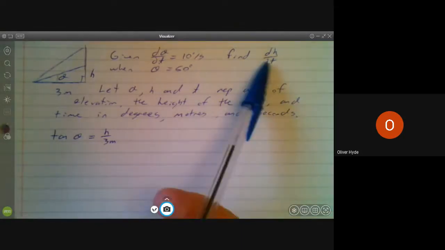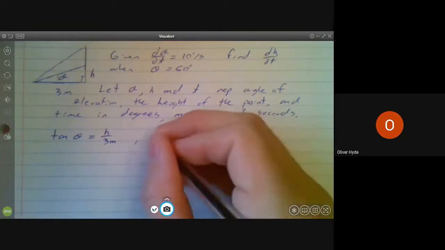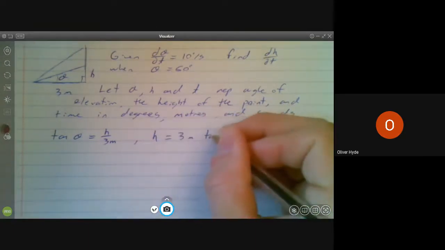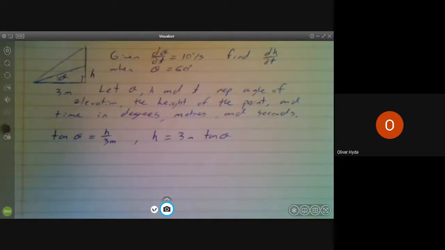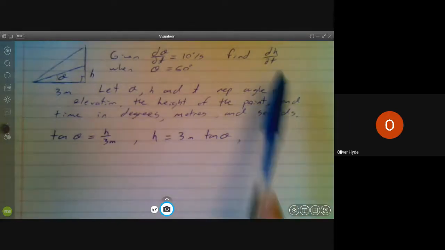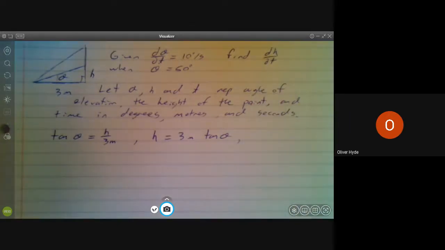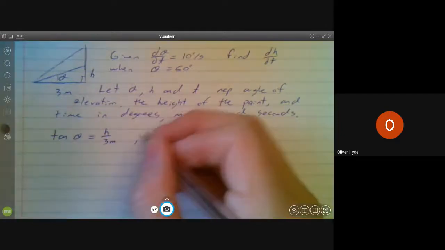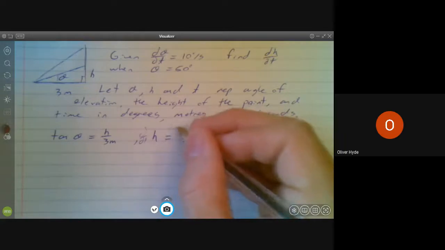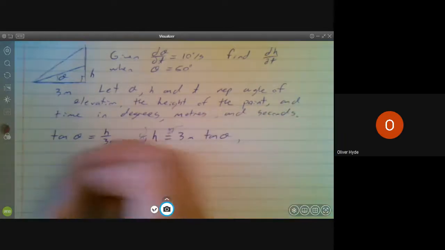If I'm trying to find dh/dt, I might choose to isolate here. This is another example of how a little bit of simplification before differentiation will make things simpler. And now I am set to differentiate with respect to time to find my dh/dt. So I can differentiate with respect to time on both sides, and I'll just have a chain rule on the left-hand side.